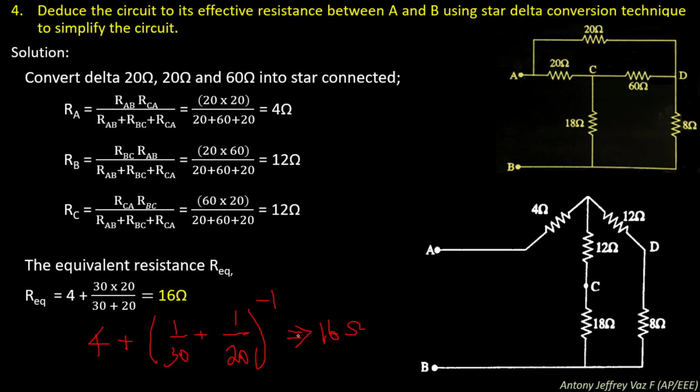How this 30 comes is you add these two values, which is nothing but 30 ohms. Similarly for this branch you add these two values, you will get 20 ohms. So these two branches are in parallel and this one is in series. The effective resistance will be 16 ohm, which is present across the points A and B. Thank you.